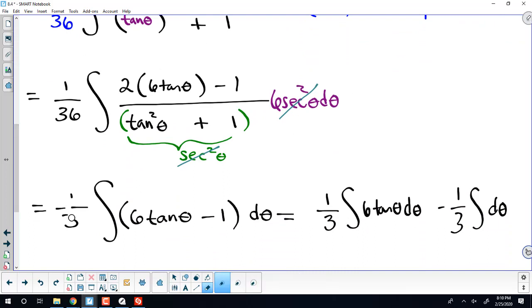So we should not get that one. We should just do the 6 over the 36, purple 6, 1 over 36, and leave this as 12 tangent of theta minus 2. Thanks. Sorry about that.